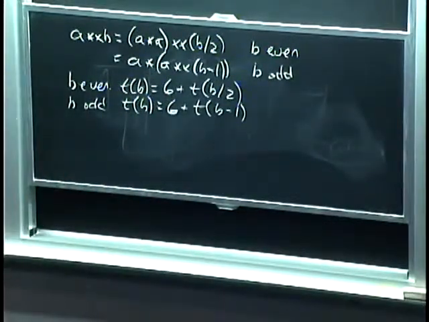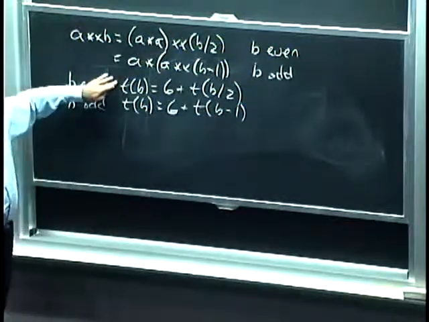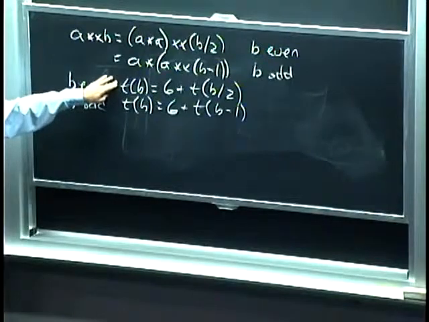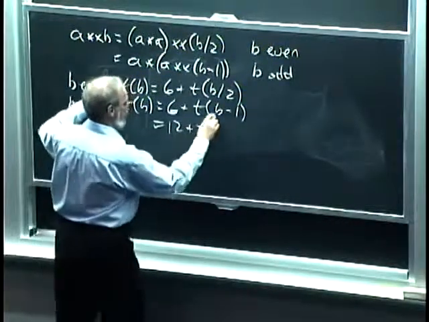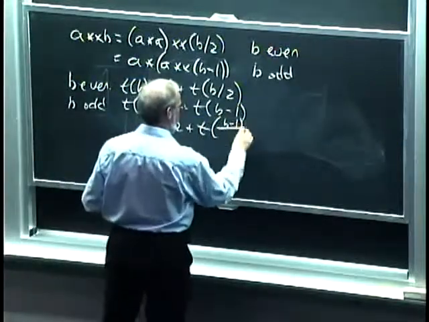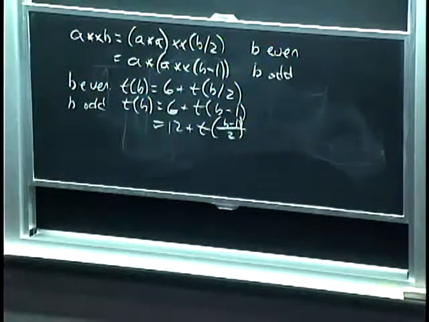Because it's now solving a 1 smaller problem. Well, in the next step, though, this will get substituted by that. Right? On the next step, I'm back in the even case. It's going to take 6 more steps plus t of b minus 1, over 2. Because b minus 1 is now even.